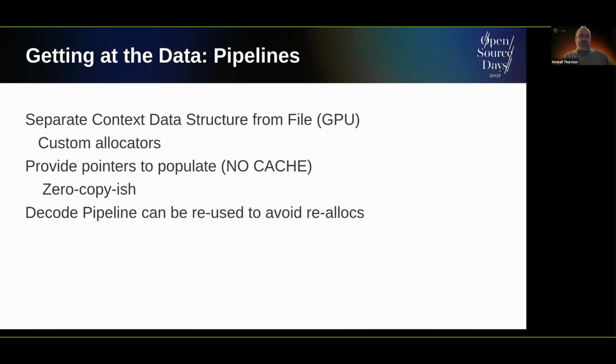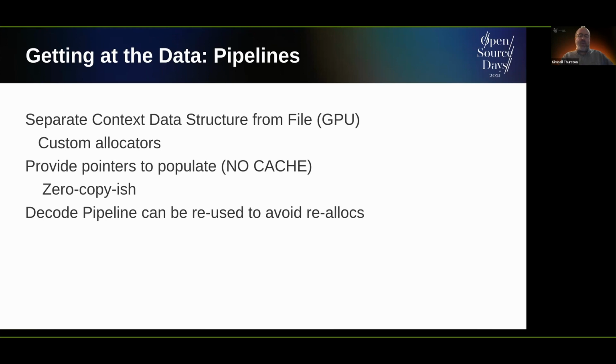One of the other principles is that it tries to pass through your memory into the reader as much as possible. And so one of the distinctions between the C and the C++ API is that there's no caching. If you have a file that is compressed with the 16 scanline zip mode, and you ask for only a single scan line, you have to read all 16 scan lines.